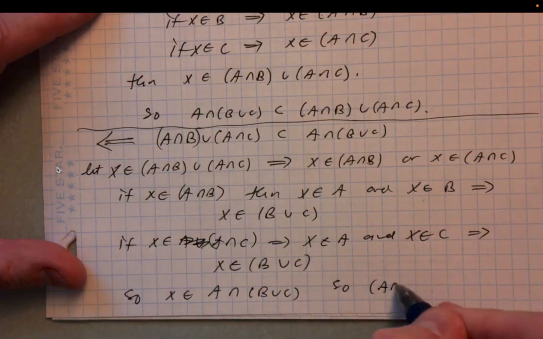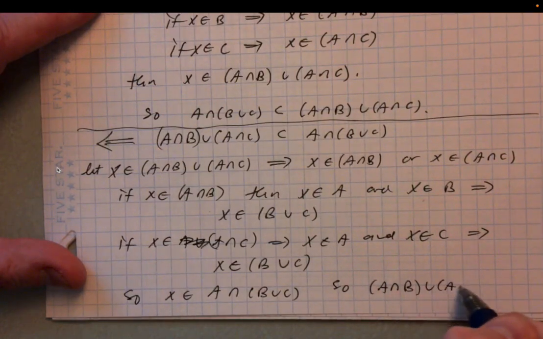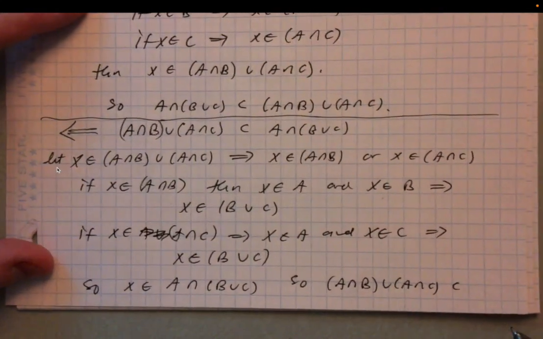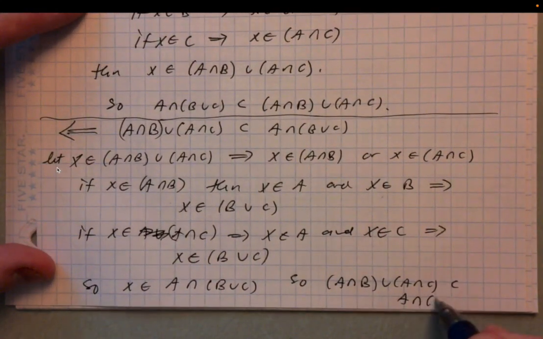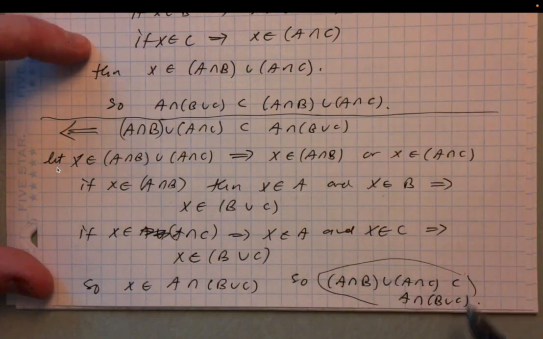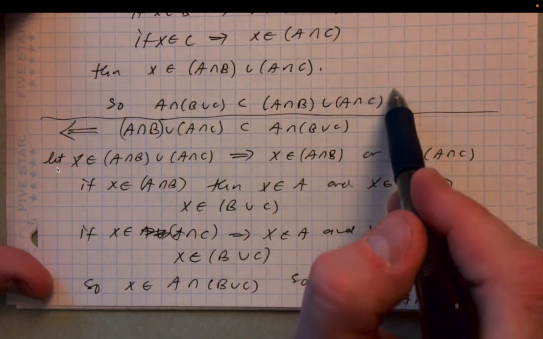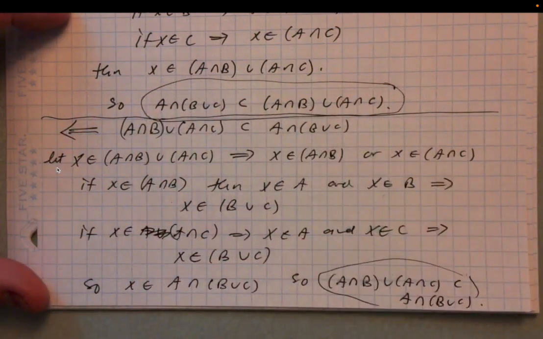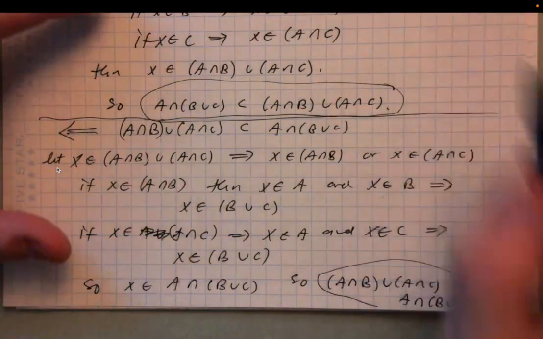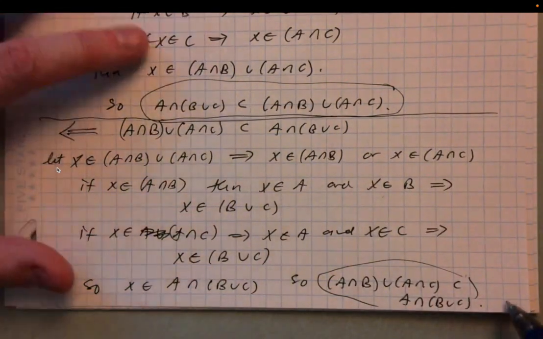So A and B or A and C is a subset of A and B or C. Okay, so you've got this one, and you've got this one, and so together you get the result that the two sets are equal. Okay, we'll say that's the end.